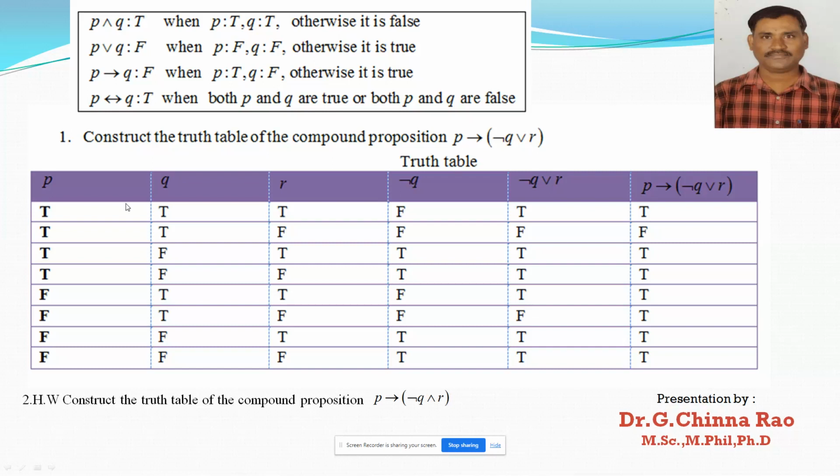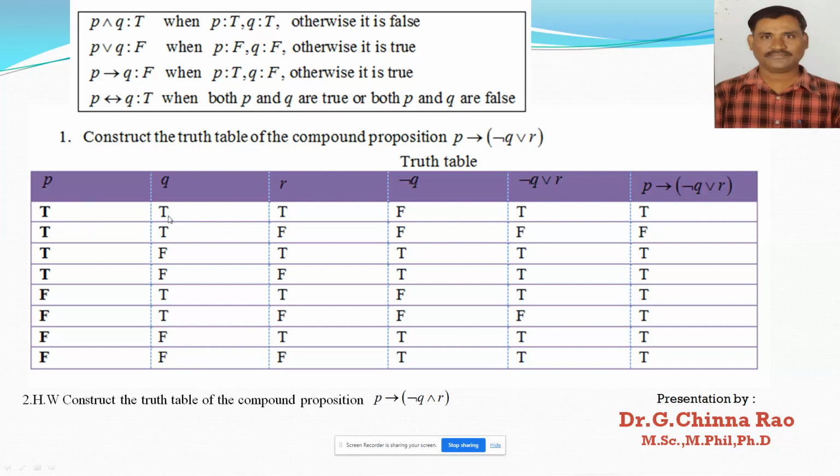When you have three variables, we have two cubed combinations, that is eight combinations. So first you form the eight combinations, that is true, true, true.